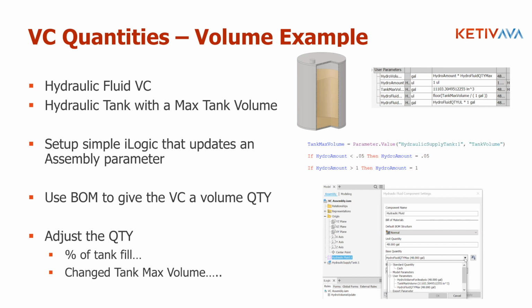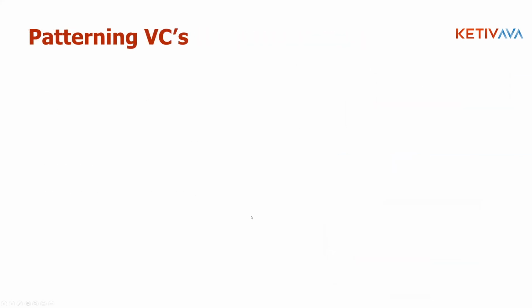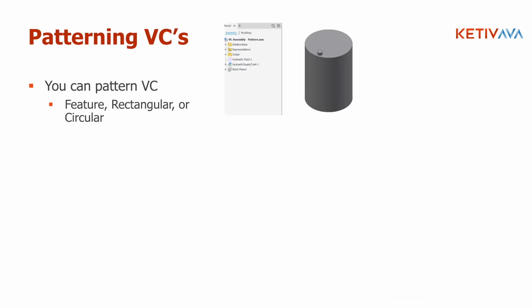All right. So one of the other things that's really cool about virtual components is they support patterning. Again, since virtual components are meant to be a line item, one of the original use cases was that I'm not modeling all my bolts and nuts and washers. But it's really common to pattern bolts, nuts, and washers.